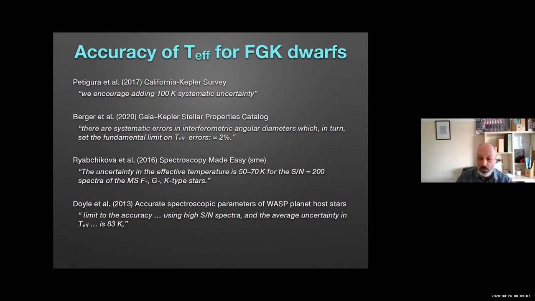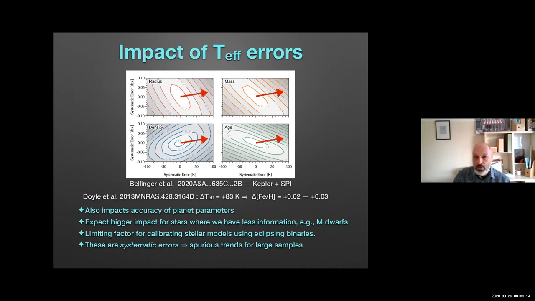That seems to be the level of accuracy of effective temperatures that people are assuming nowadays. The impact is that it affects the uncertainties on the stellar properties that we derive, the masses, radii, and ages, and consequently, because everything about a planet is measured relative to the star, it has an impact on the uncertainty in the planet's parameters.